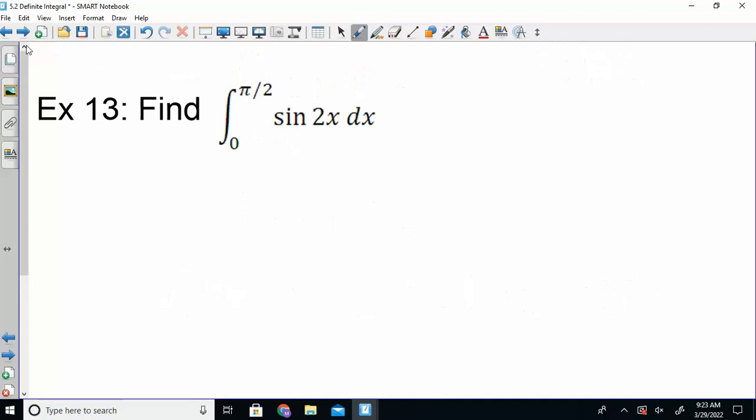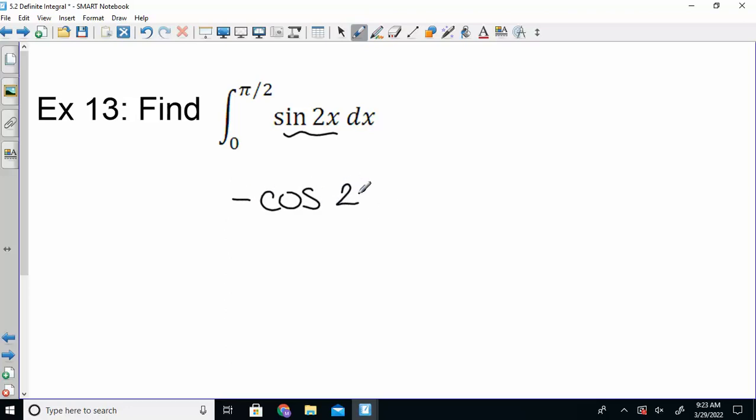Couple more. Antiderivative of sine 2x. What's the antiderivative of sine?